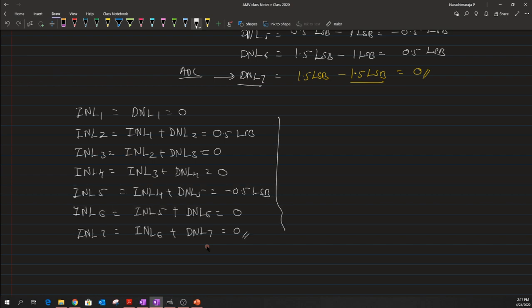Okay, so I hope that it is all clear, and right now we are done with this computation of DNLs and INLs, and one could actually draw a graph with respect to the values of INLs that we have computed in terms of quantization error. So I'll just try to paste it, and it is not difficult to understand. So I'll just paste here.